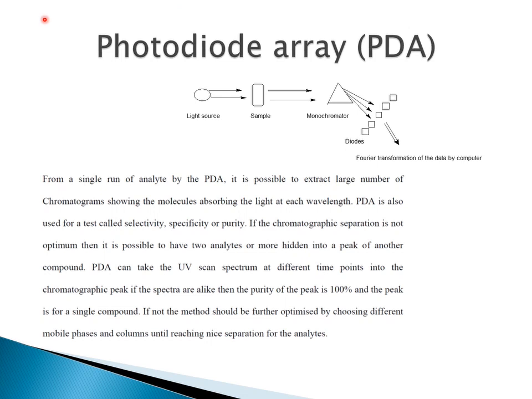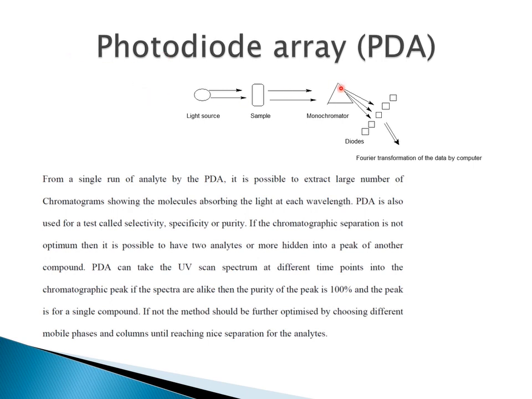So it is very useful to make sure that if you have a compound with a certain signal, there is no hidden signal from any contaminant co-eluted with your sample. We also get a more data-rich chromatogram, having retention time as one axis, absorptivity or the intensity of the peak as another, and thirdly the wavelength as another dimension.